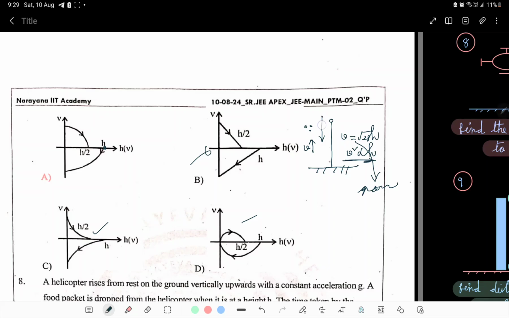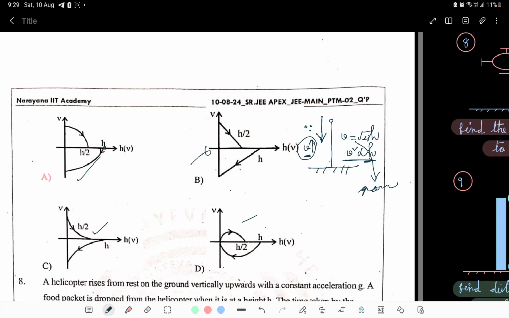But here, when the ball is falling down, the velocity will increase, but the velocity is increasing in a negative direction. So it has to be increased in the negative direction, right? So we can go with that option.